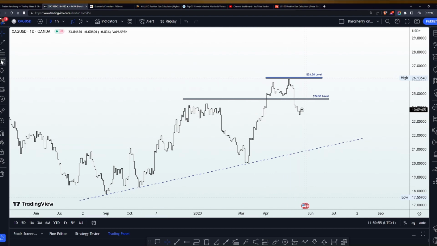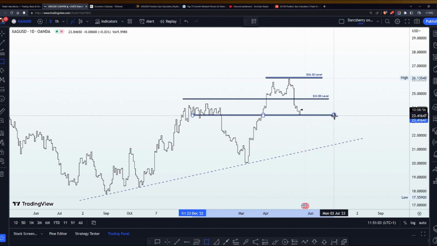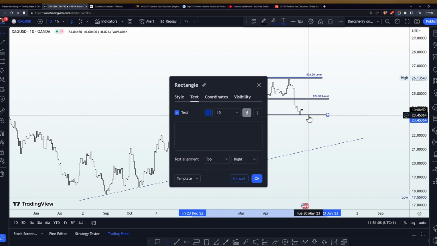And then I think we have something around here, which is the $23.50 area, which probably could be our key level for this week, as depending on how price action reacts to that structure will determine. So we have that area at the $23.50 level.